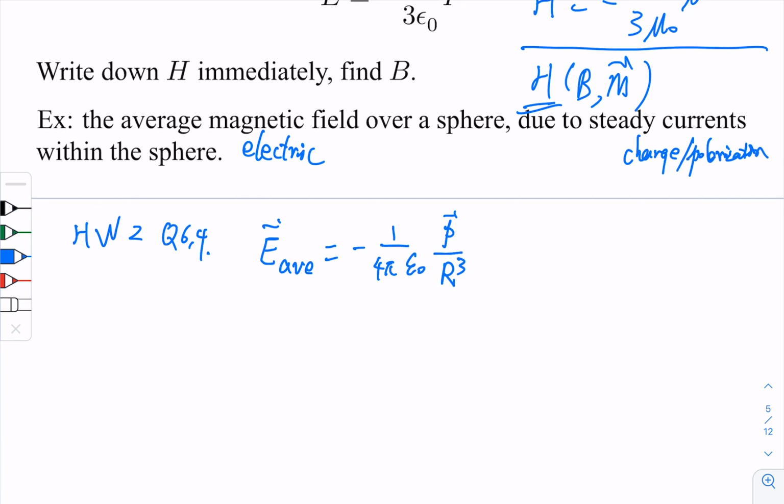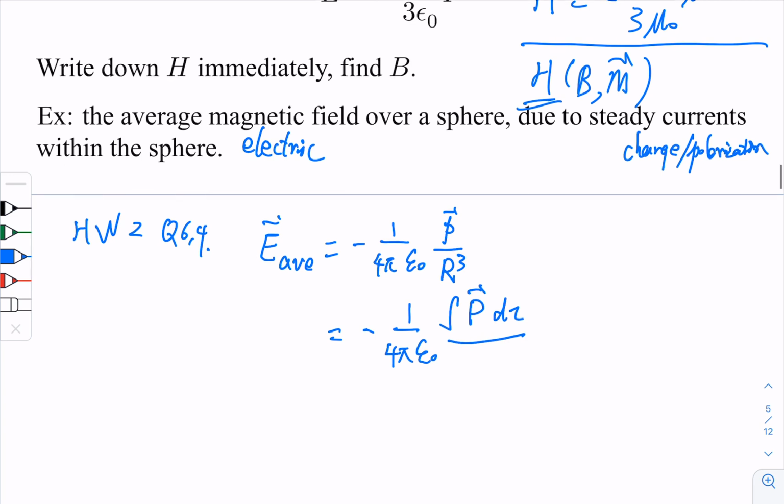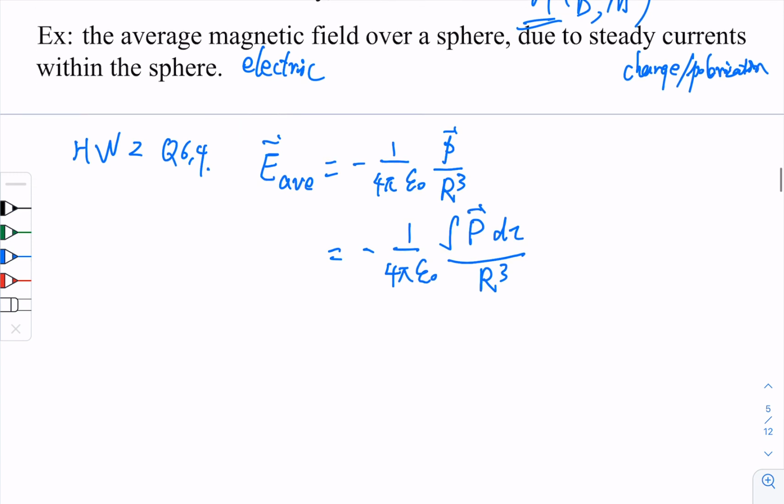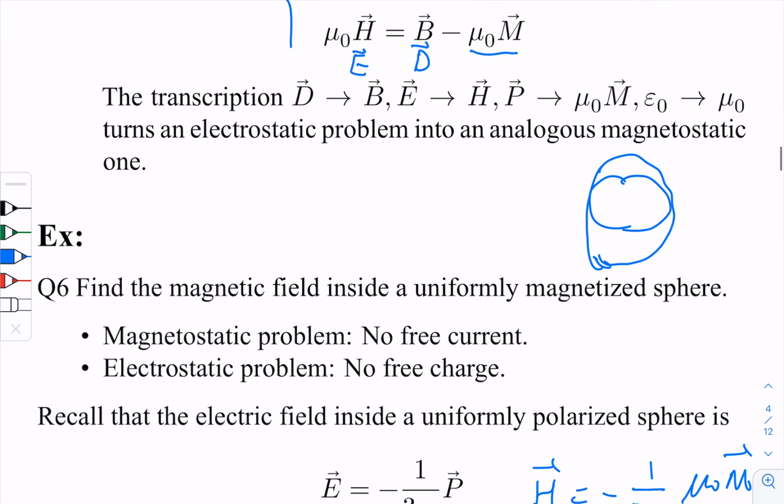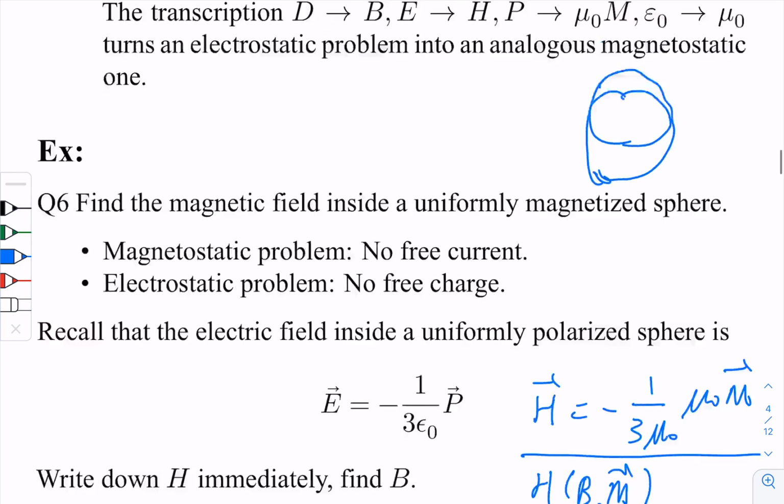So here we simply need to recognize that the P is simply the total polarization vector over this entire sphere, and then we see that there is a relationship between the E average and the polarization vector P. So now the next step is simply to replace this P by mu naught M and the epsilon naught by mu naught.